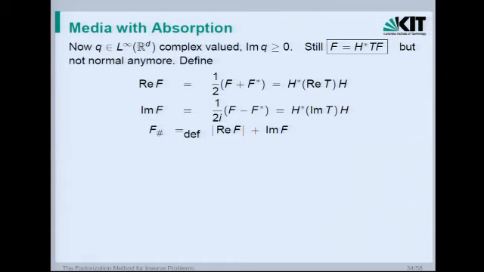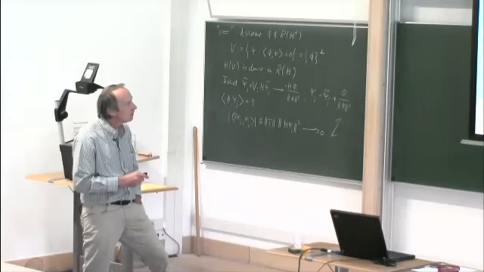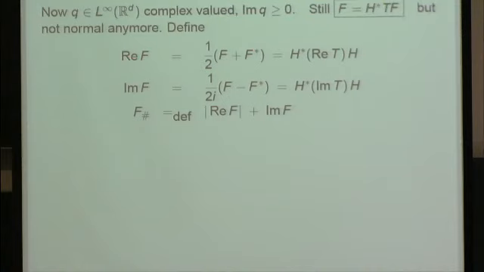We define the real part and the imaginary part of the operator f, just as you do for complex numbers. Then of course, if f has this factorization, then also f star has a corresponding factorization, and you define f sharp by the absolute value of that. Again, this is a self-adjoint operator now, so you can define that part by spectral decomposition, and you add the imaginary part.